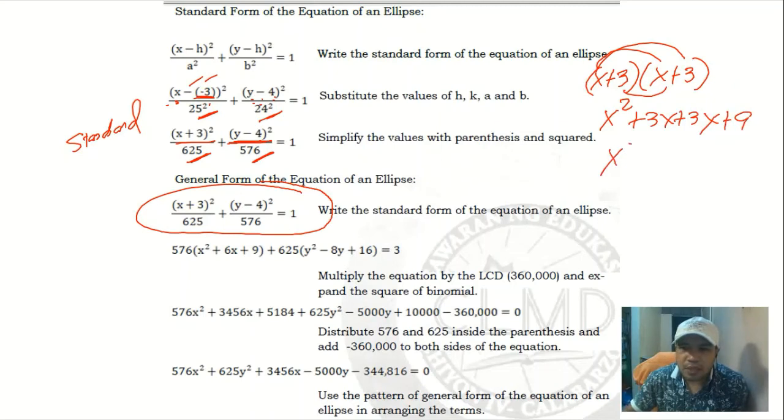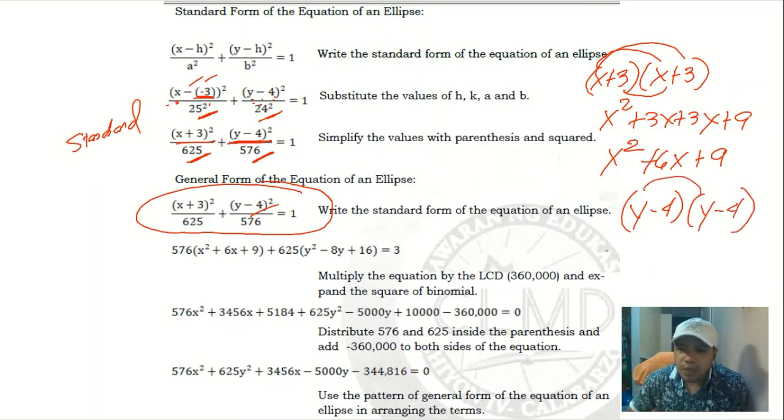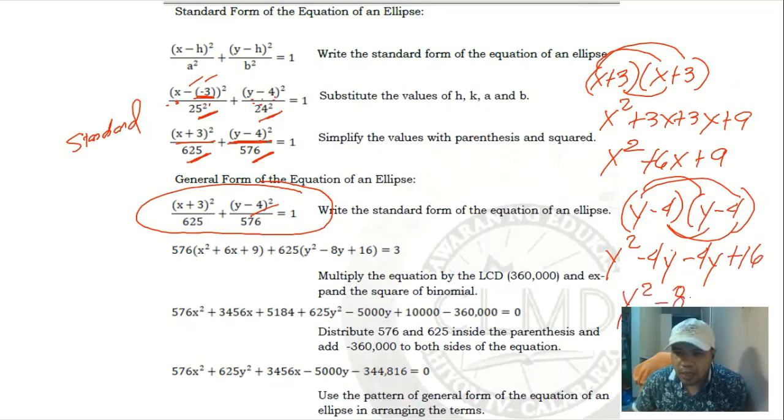Then x squared plus 6x plus 9. Ang y minus 4, FOIL method, y squared, negative 4y, negative 4y, 16. So y squared minus 8y plus 16. So, yun na yun. Yun yung nasa loob.